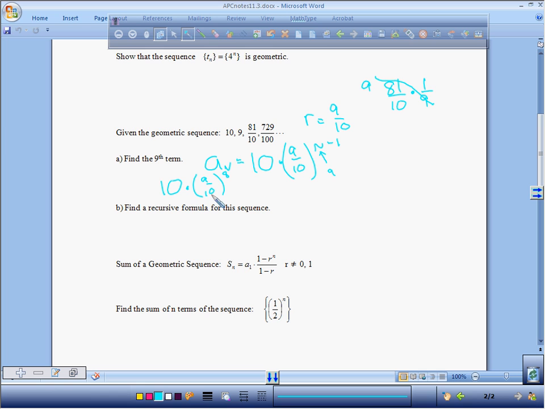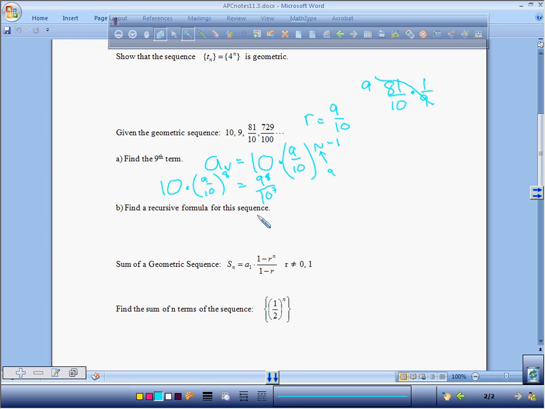So that becomes some ugly looking fraction. It would be 9 to the 8th, which is a big number, over 10 to the 8th with a 10 on the top, so you would have 10 to the 7th on the bottom. So that's what that fraction would look like: 9 to the 8th over 10 to the 7th.